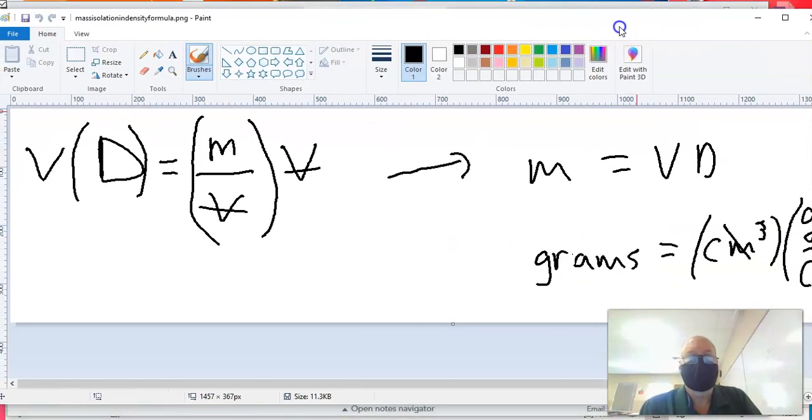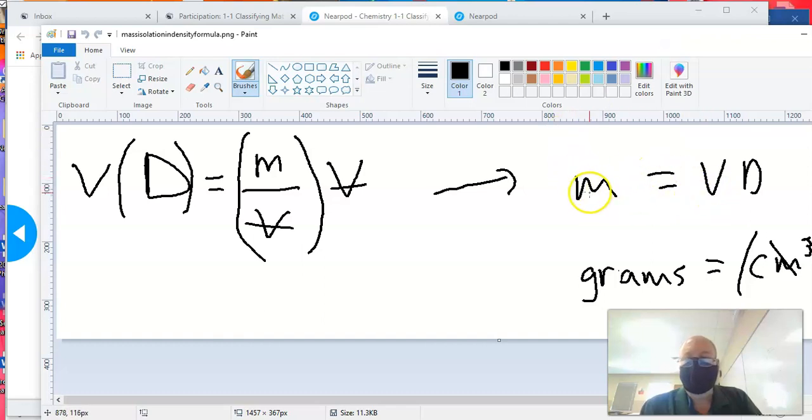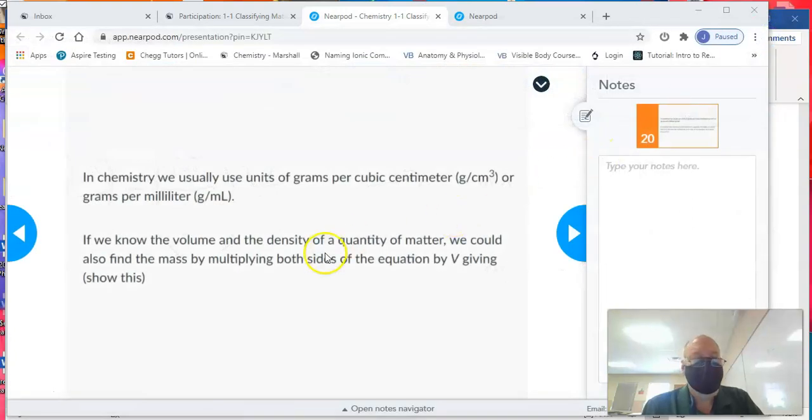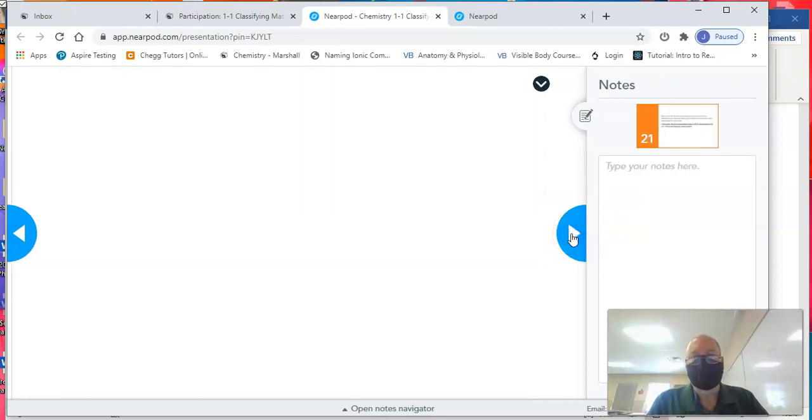So overall, from the density formula, I get mass equals volume times density, and that's also going to be a very useful version of this for us. So let's go back to our Nearpod. If we know the volume and the density of a quantity of matter, we could also find the mass, and we'll use this formula as well.